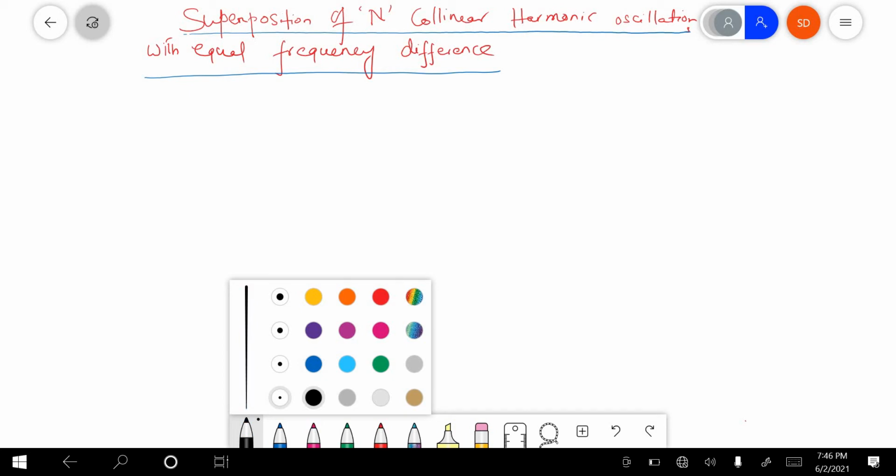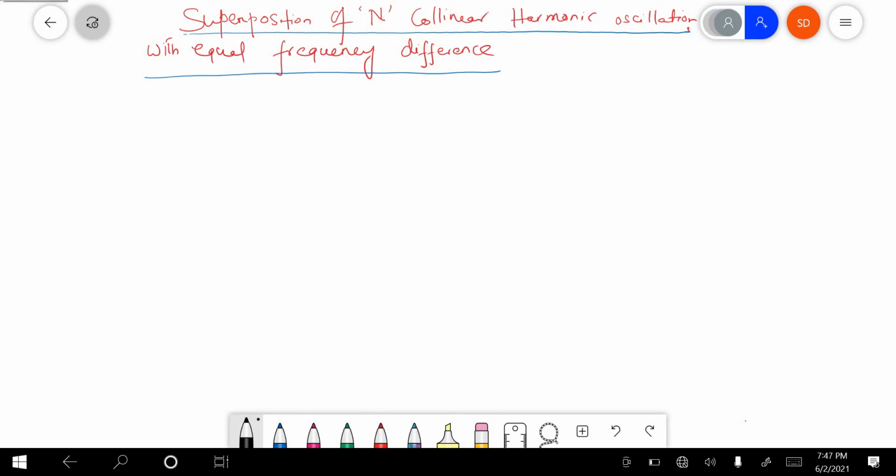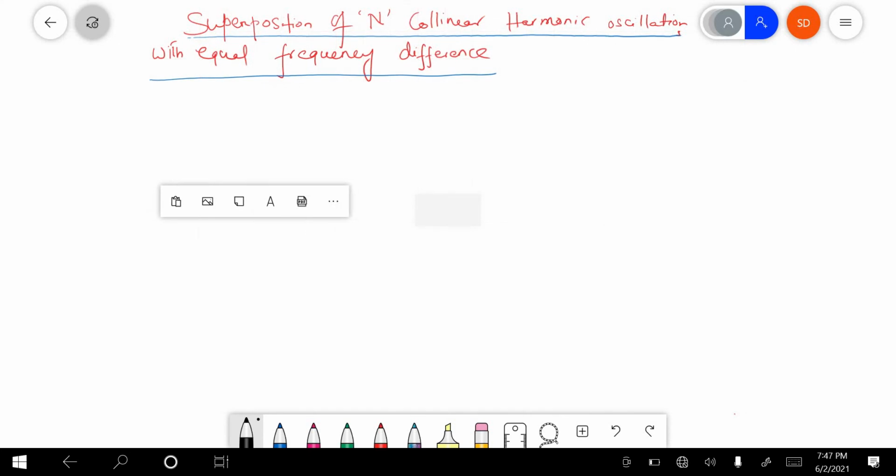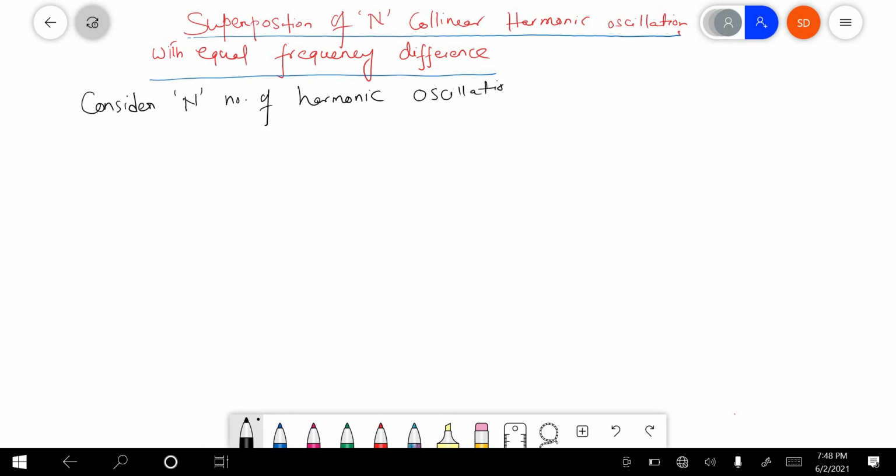So here what we assume is, we consider n number of harmonic oscillations, each oscillation of amplitude equal to, for example, a naught.